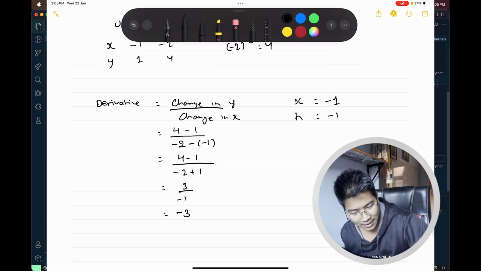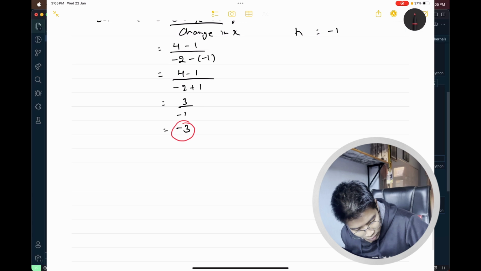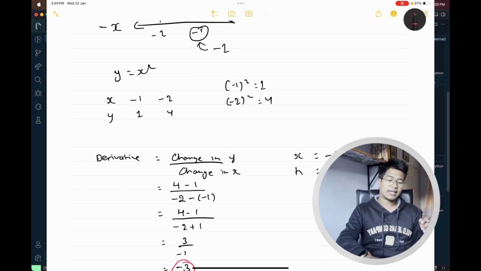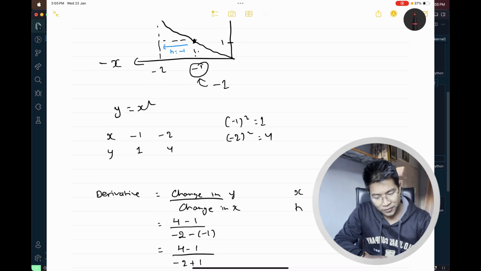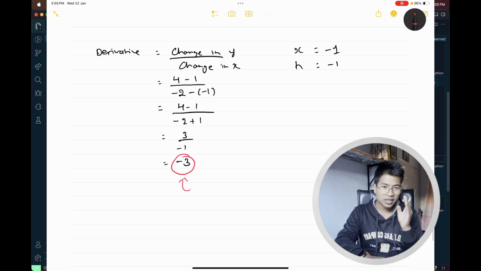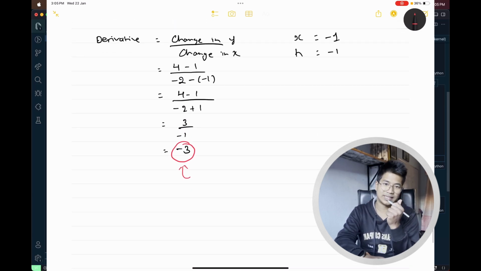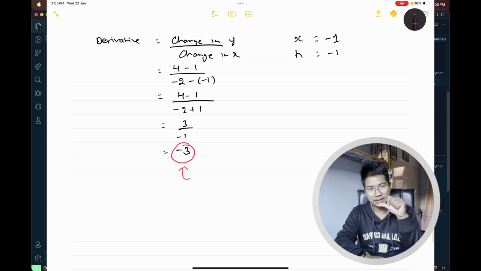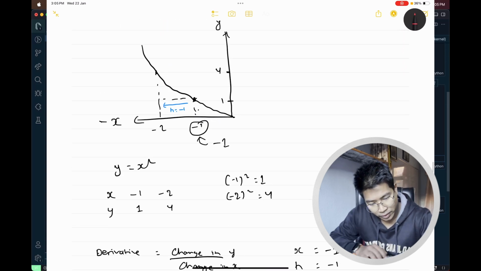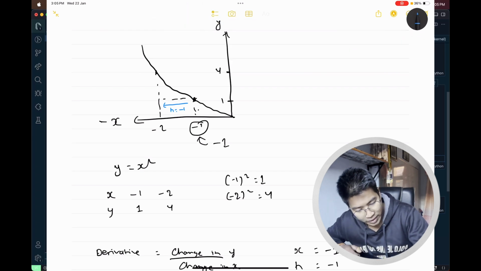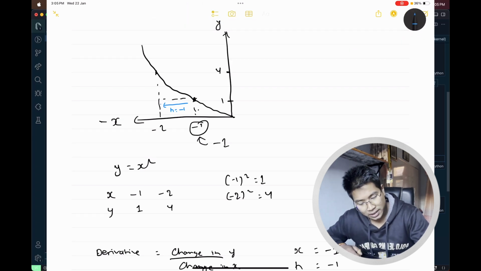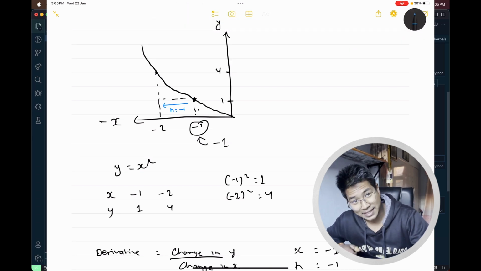Look at this. When your derivative is negative, it turns out that if you move in the left direction, then my y is increasing.